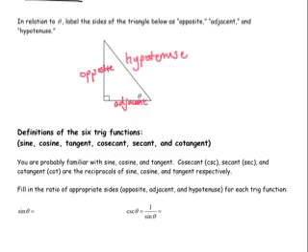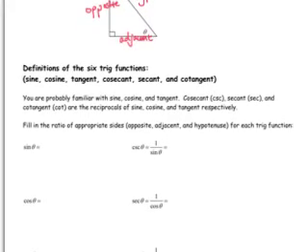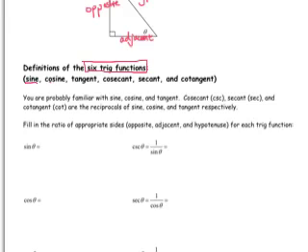So we're going to use these side relationships, opposite, adjacent, and hypotenuse, to do our trig. We actually have 6 trig functions. We have sine, cosine, and tangent. And then we also have cosecant, secant, and cotangent.